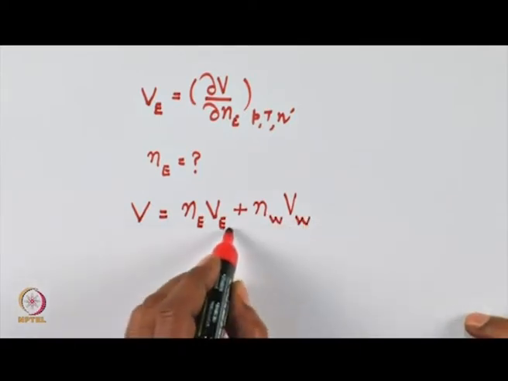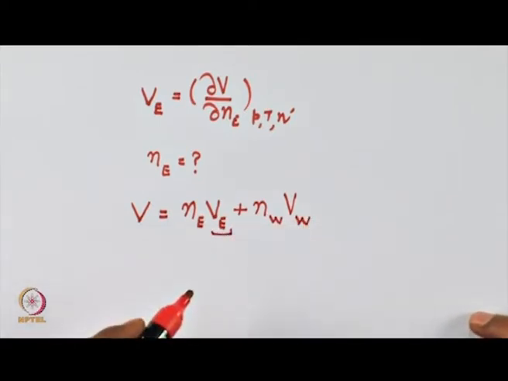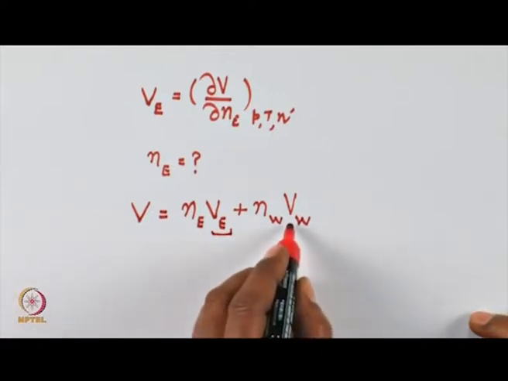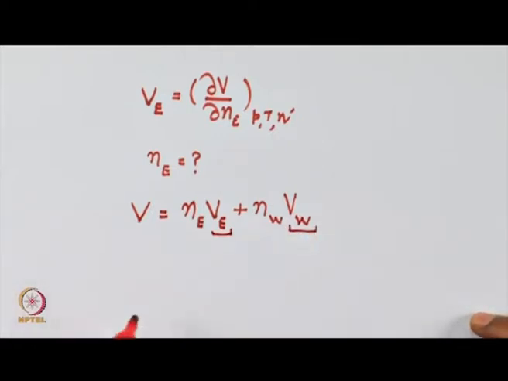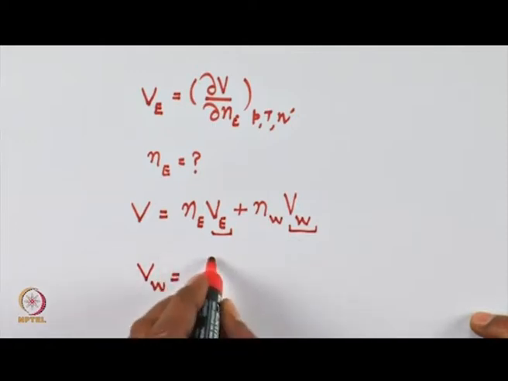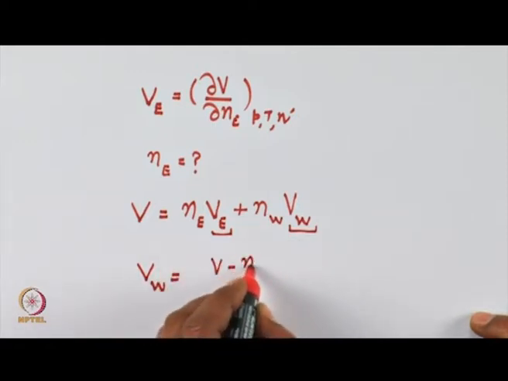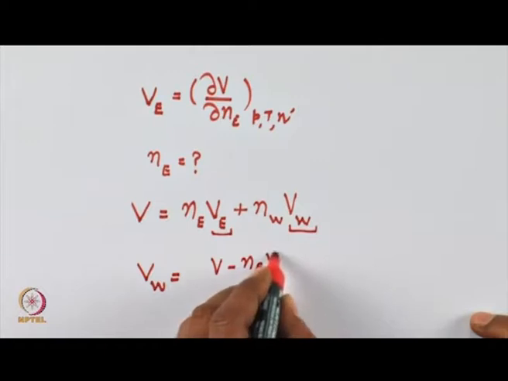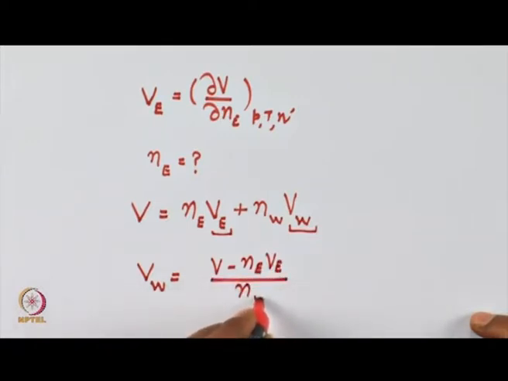We have already calculated partial molar volume of ethanol. What we need to now calculate is partial molar volume of water. We know the total volume. Therefore, partial molar volume of water from this expression is going to be V minus NE VE over NW.